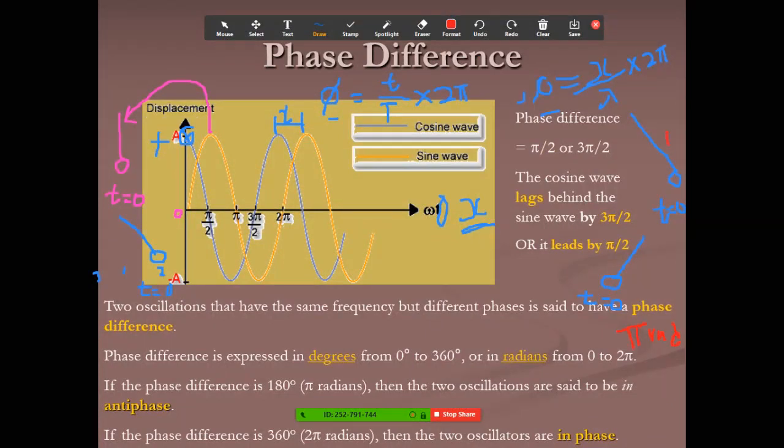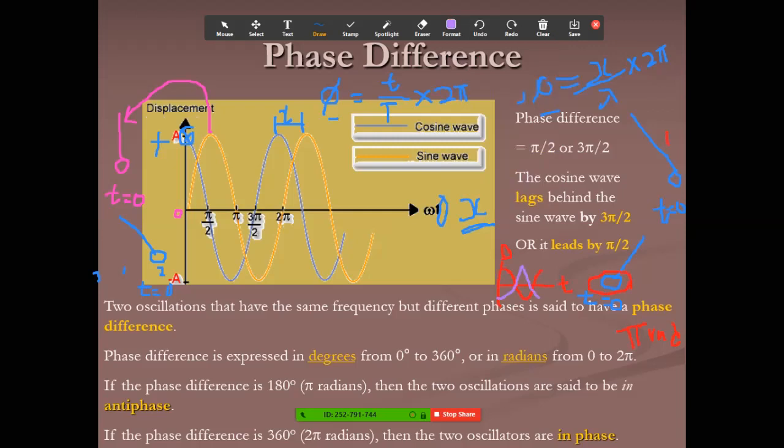If you plot this graph, displacement versus time, the first one is going to be a cos, and the other is going to be a negative cos.